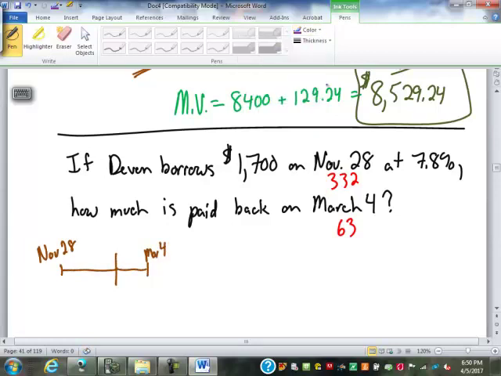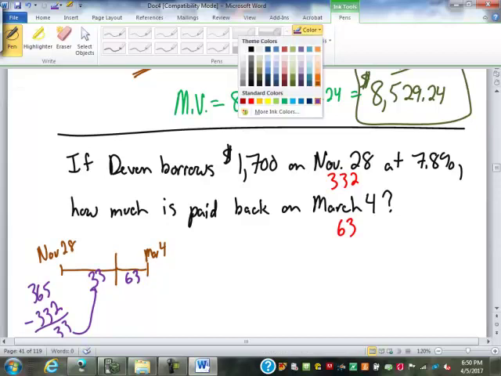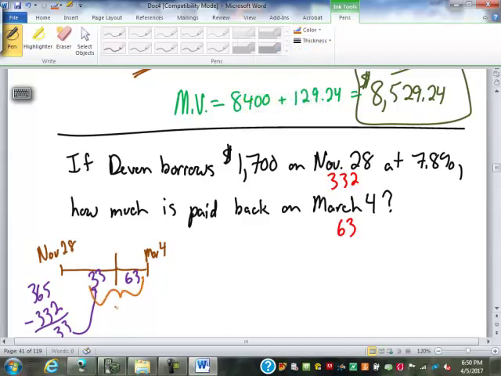So I have to do 365 minus the 332 gives me 33 days from November 28th to the end of the year. Then I have 63 days from the beginning of the year to March 4th. So that combines to give us 96 days.